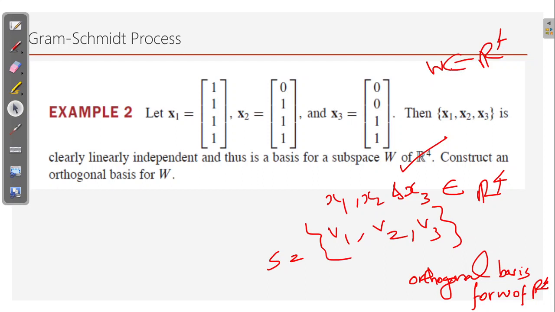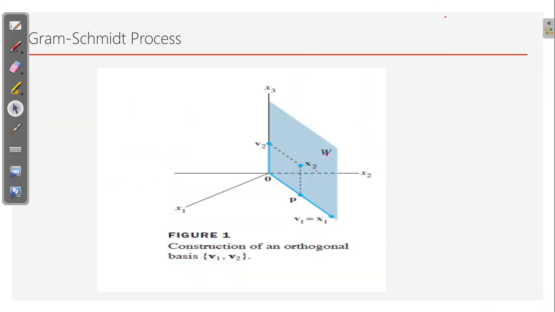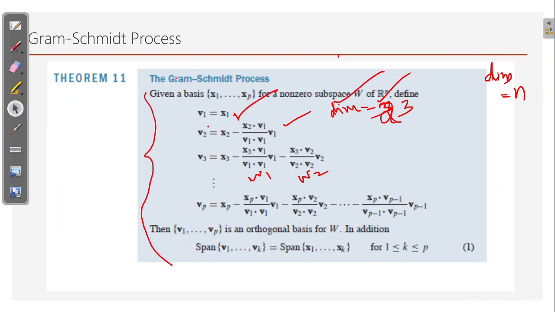We did this by a unique method or unique algorithm. That algorithm is known as the Gram-Schmidt process, and the Gram-Schmidt process for finding an orthogonal basis for a subspace W which belongs to Rn is given by this theorem number 11, right?